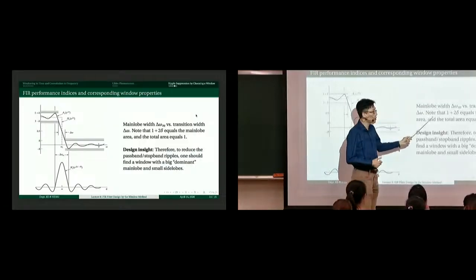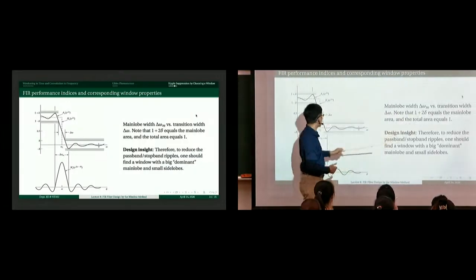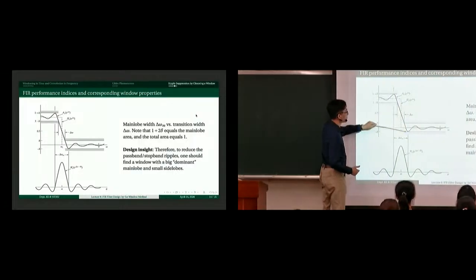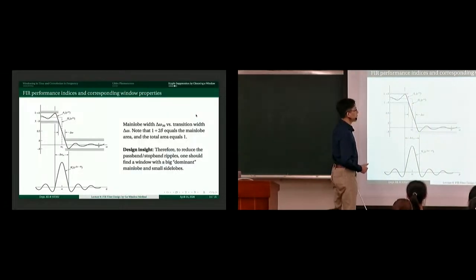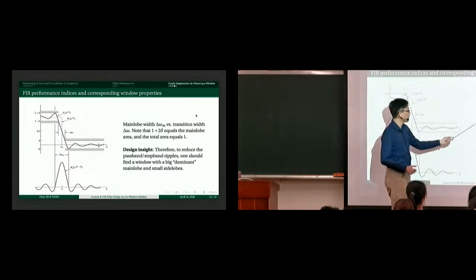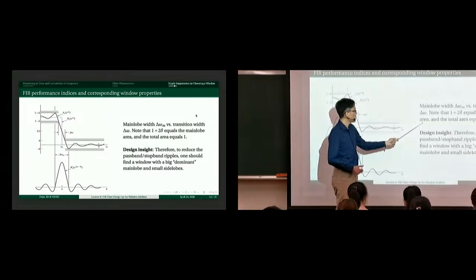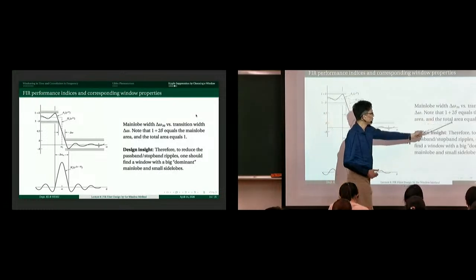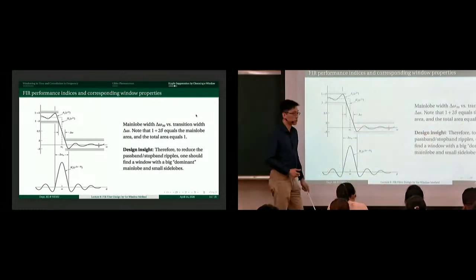So let me just point to you the conclusion. Note that 1 plus 2 delta equals the main lobe area, and the total area equals 1.